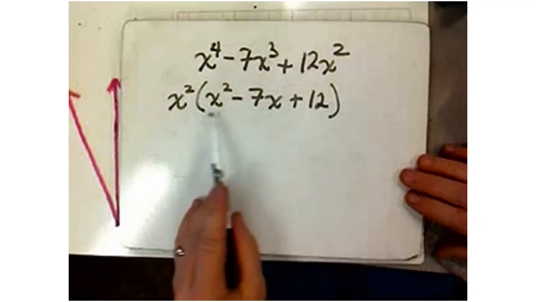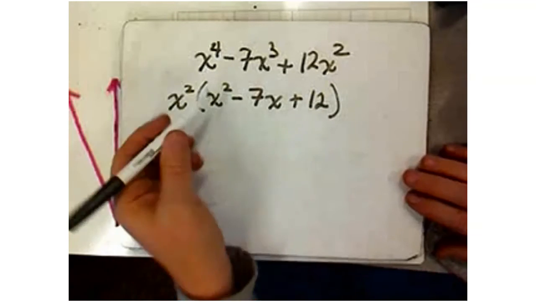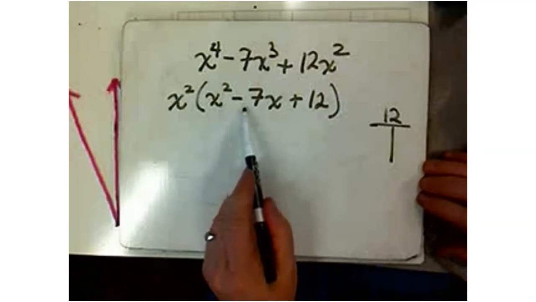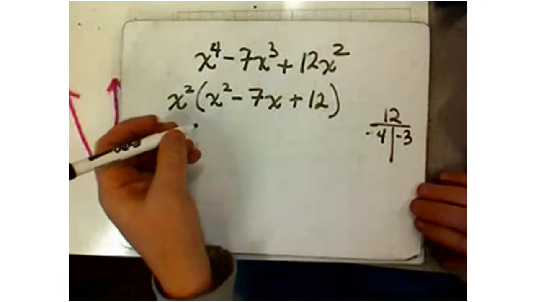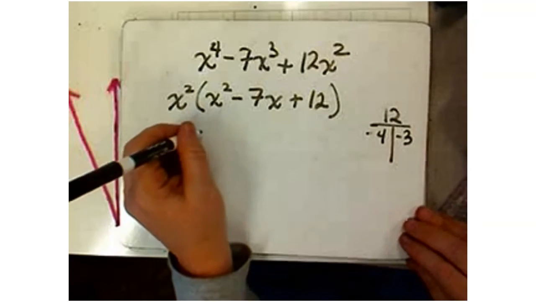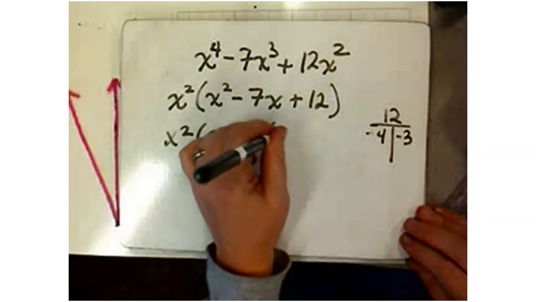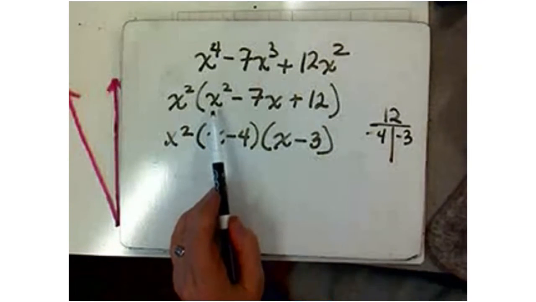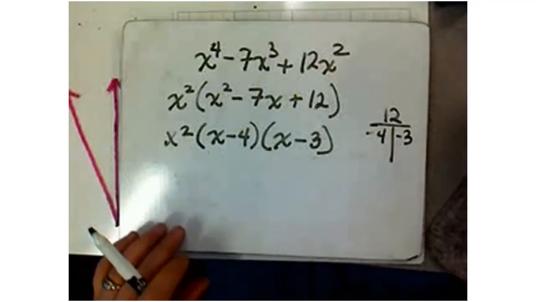So you just focus on that, x squared minus 7x plus 12. Well, your AC is 12. What two factors of 12 are going to get you your B, your minus 7? Well, they would be negative 4 and negative 3. So we're going to just use those. We don't have a coefficient on the x squared, so we just get to say that it's x squared open paren, x minus 4 close paren, open paren, x minus 3. Now, if you had a coefficient on your x, you'd need to do the grouping tool also. So that used GCF and our AC method.